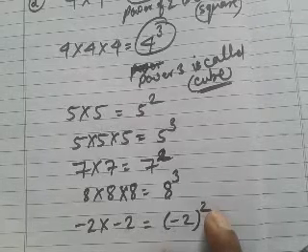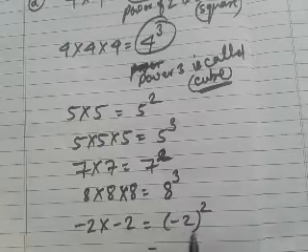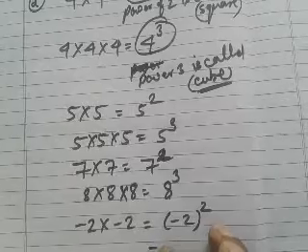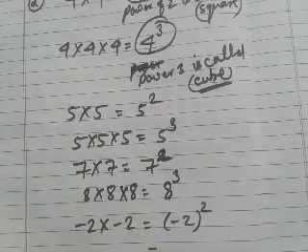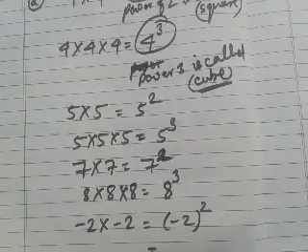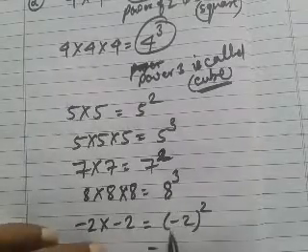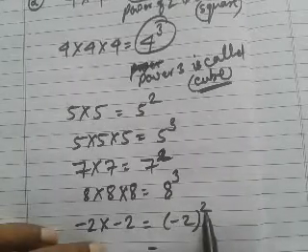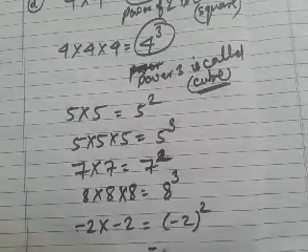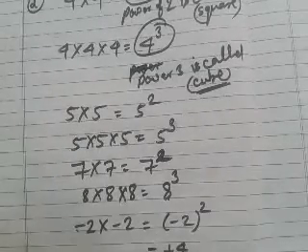And if you solve this number, -2 to the power 2 means minus multiply minus gives plus, and 2 twos are 4.